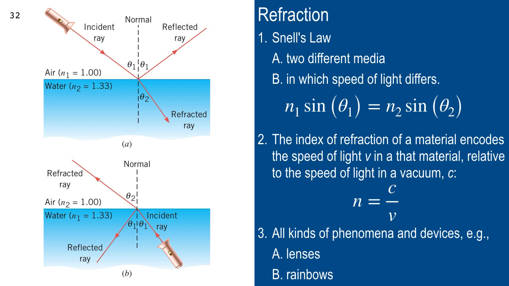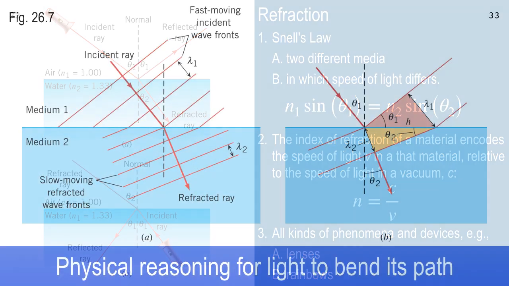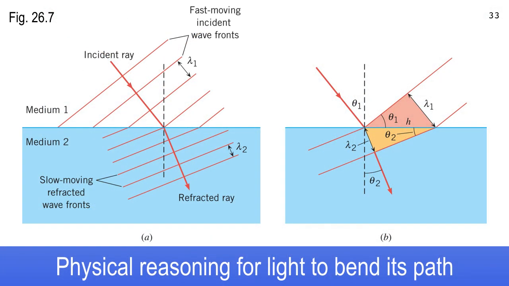And here's the physical reasoning. This image is from another textbook. It's an old image that I really like, but our textbook doesn't have quite as nice of an image. Now here's what happens. You can see the incident ray, and you can see the wavefronts, lambda 1 between the wavefronts, and lambda 2 between the wavefronts in the water.